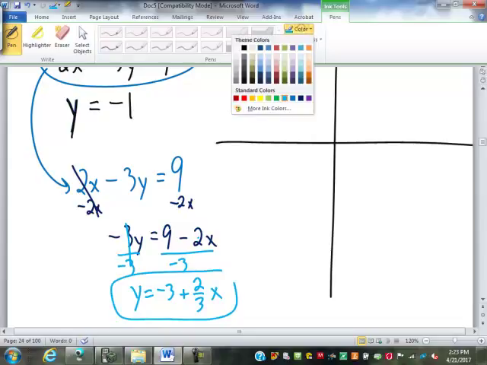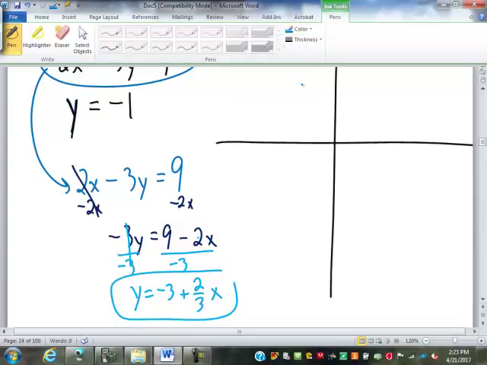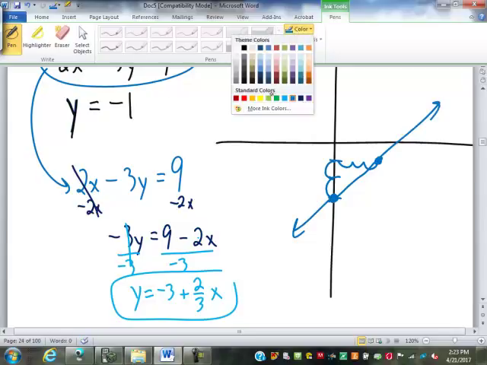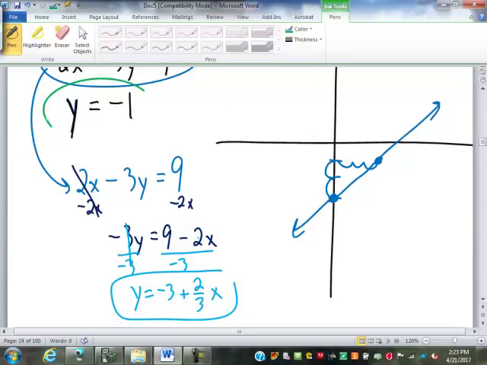So when we go to graph that, where do we start? -3, and from there we go up 2 and over 3. Okay, then we need to graph the y equals -1. What's that look like? First of all, is it going to be a horizontal line or a vertical line? Vertical.